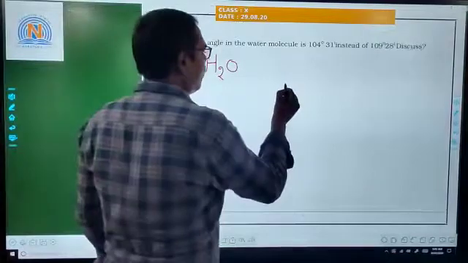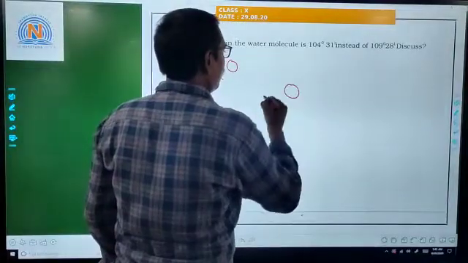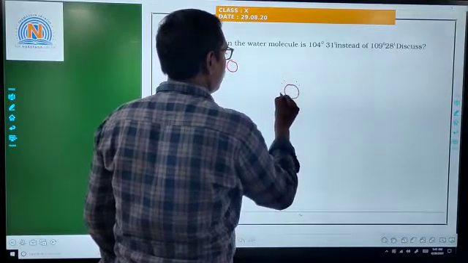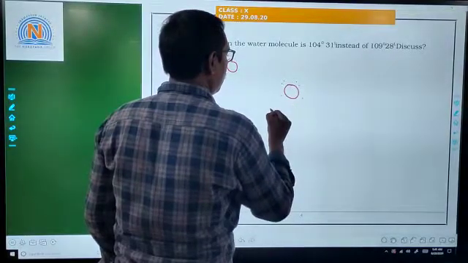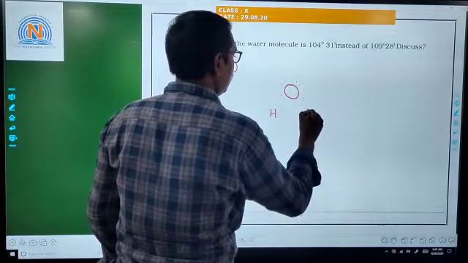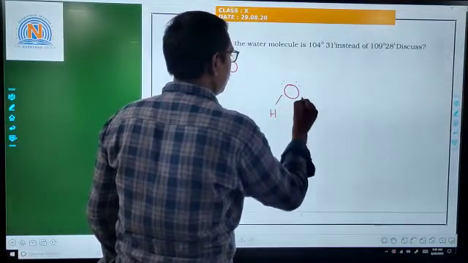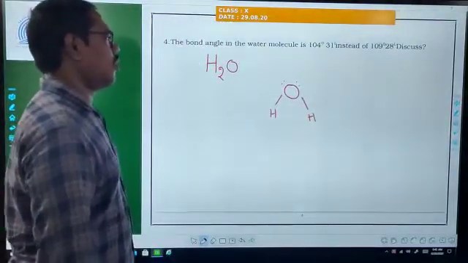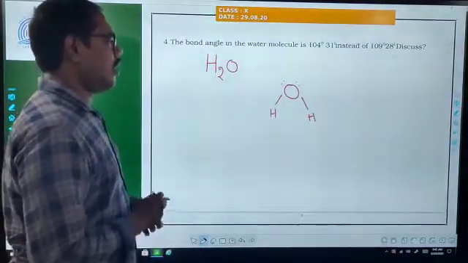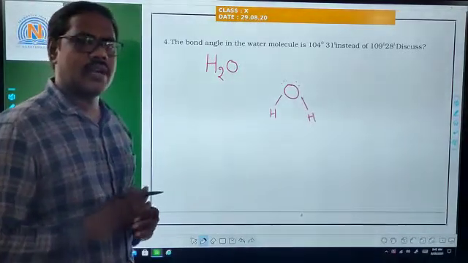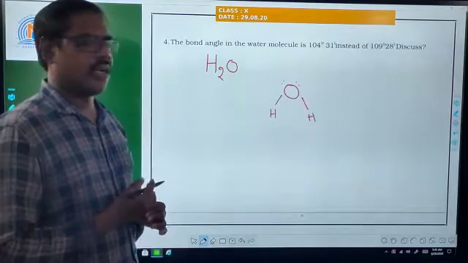If we observe the structure of the water molecule, this is the structure of the water molecule. Oxygen contains how many valence electrons? 6 valence electrons.